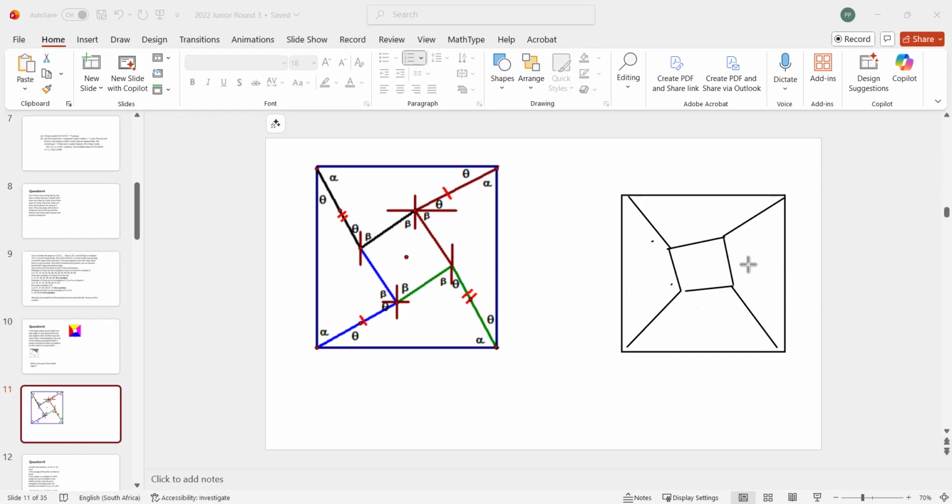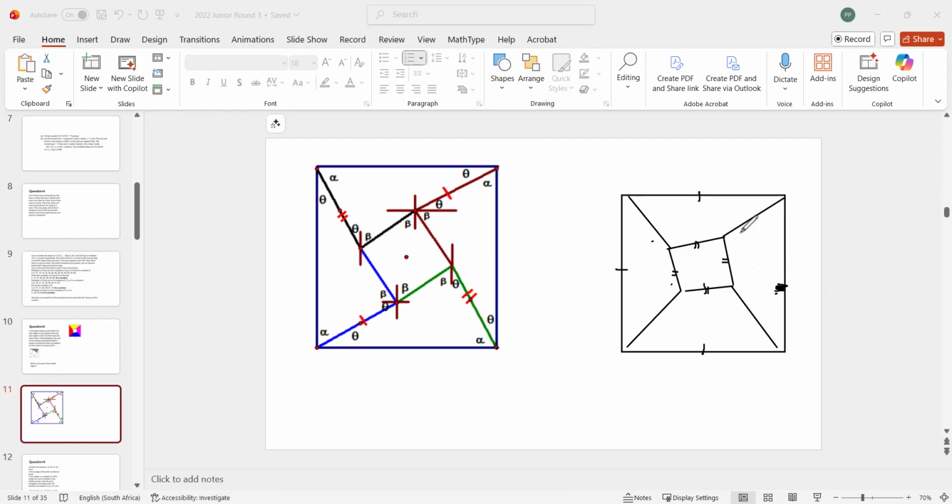Now, I'm going to show that these four things are identical. And they've got the same angles and they've got the same sides. Okay, so certainly two of these sides are equal, and those are also equal.